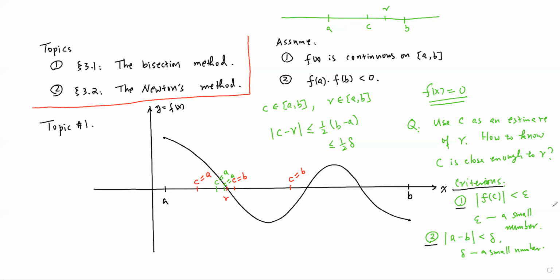Say, for example, take a look at the following diagram. Here, the argument is that the function value at C less than epsilon doesn't imply C is close to R in some extreme cases.